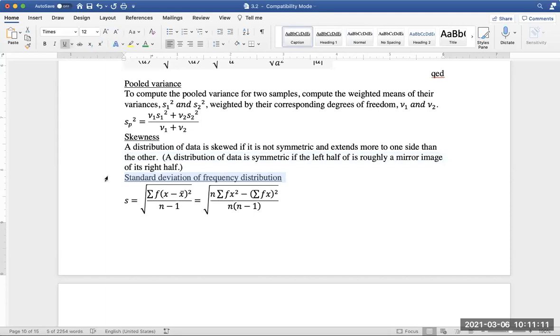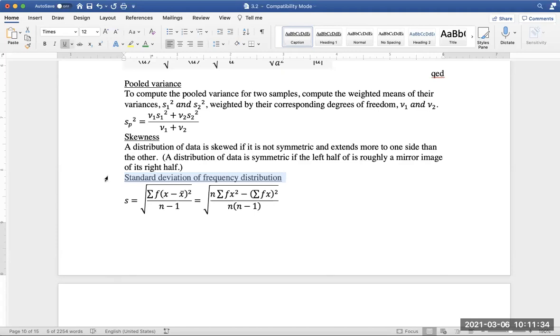Just like what we did back in section 3.1, where we extended these concepts of a mean, of the measure of central tendency, to dealing with frequency distributions, we can also do that for these measures of dispersion.